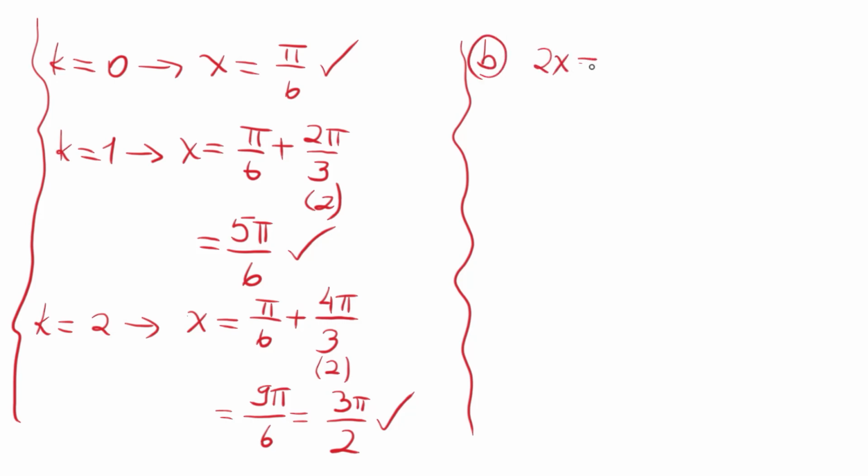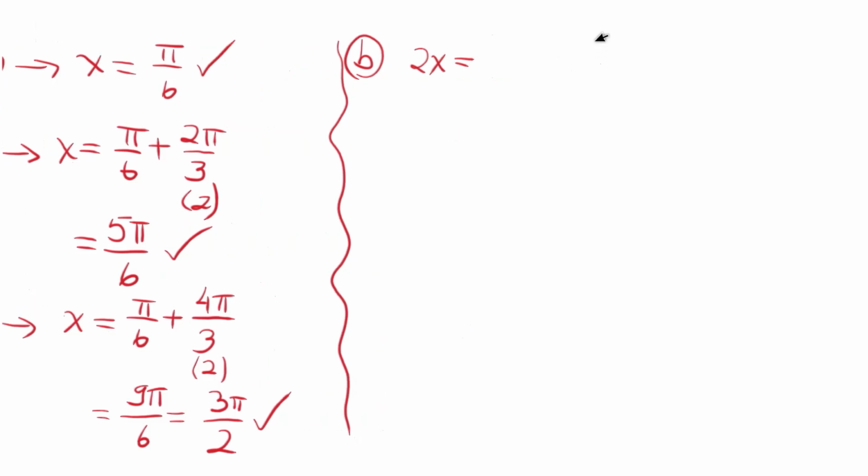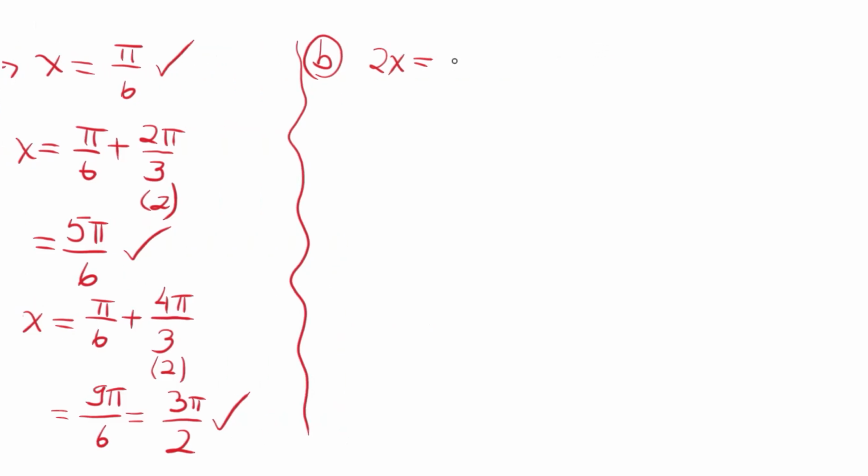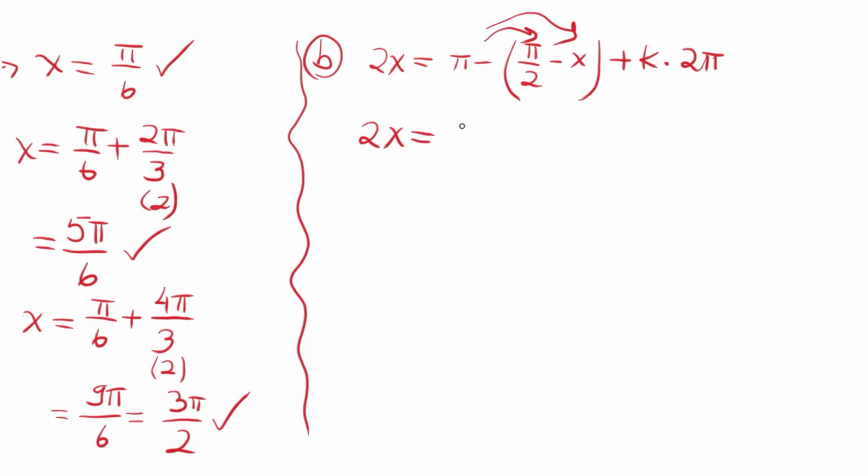2x is equal to, my friends, pi minus this pi over 2 minus x plus k times 2 pi. So 2x is equal to pi over 2 plus x plus k times 2 pi.